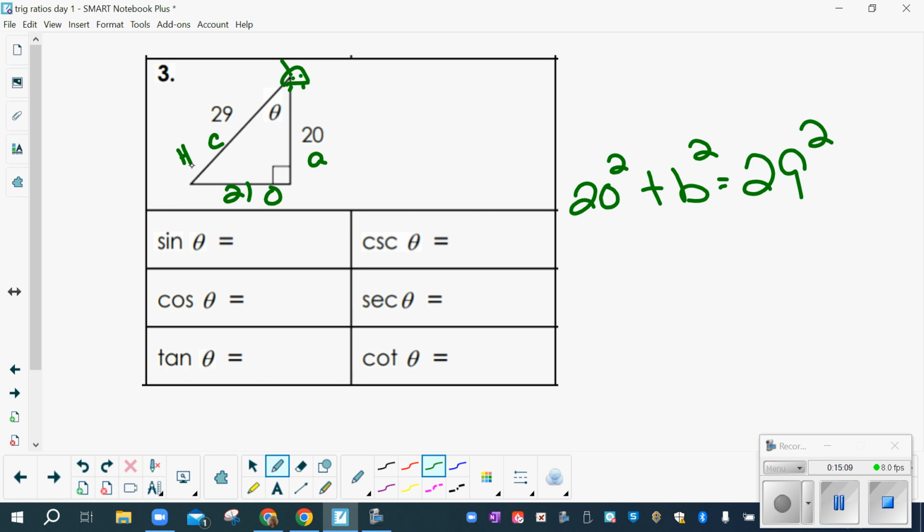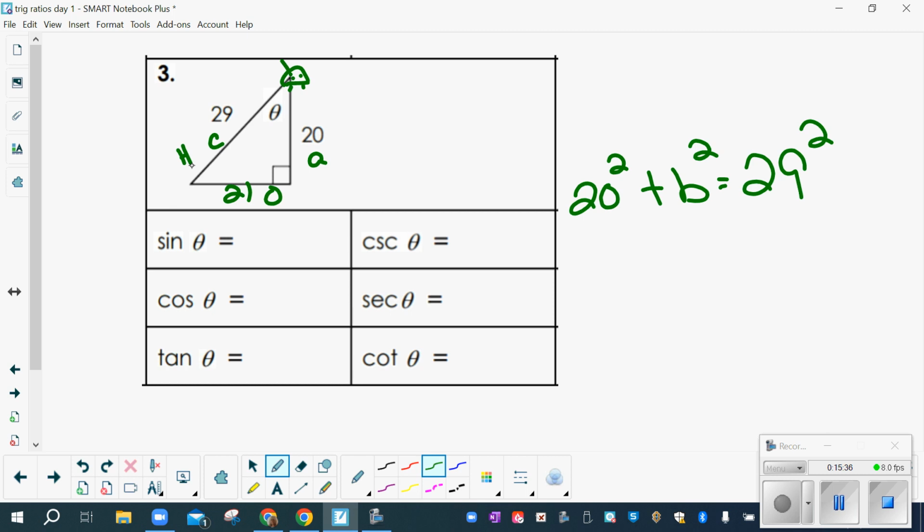Super easy. Yeah, perfect. So 841 take away 400 is 441. So yep, it's 21.